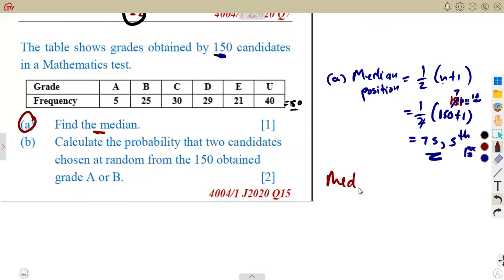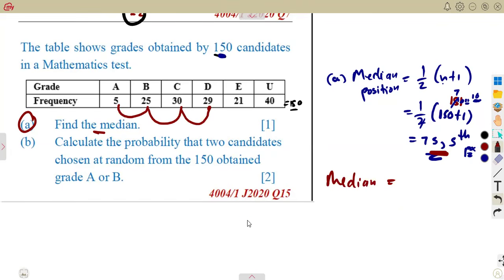So what is the median? For this position, we add 5 plus 25, which gives us 30. You are not yet there. You add again, plus 30, that's 60. 60 plus 29 is 89.